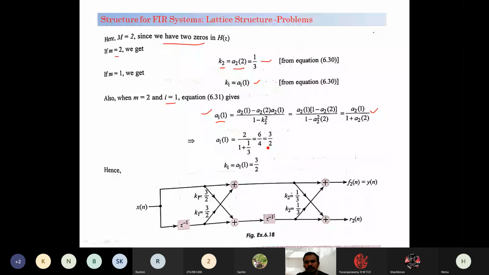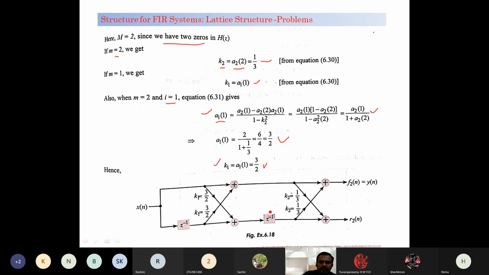Now let us substitute all the values. We are going to get the answer for A1 of 1 is nothing but 3 by 2. So once we got the original coefficients of input, A1 of 1 is 3 by 2, which is nothing but the coefficient of the lattice structure K1 itself, because K1 is equal to A1 of 1.